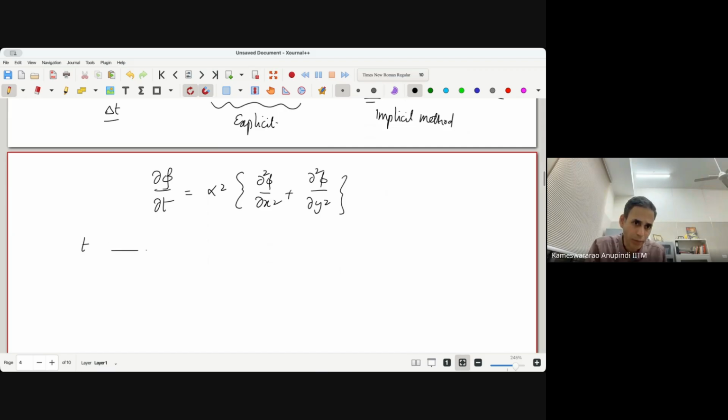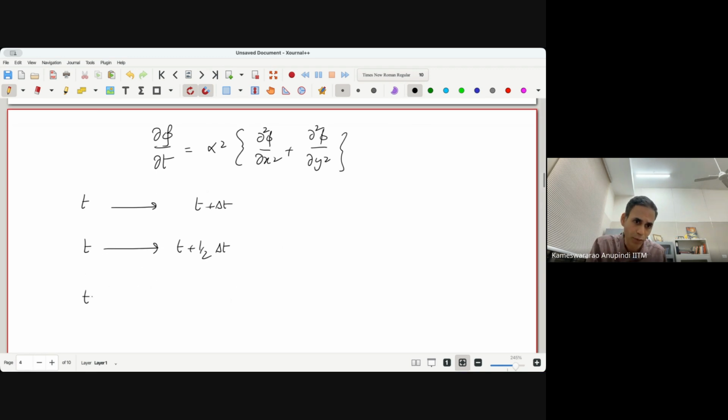We want to go from t to t plus delta t in one step, but instead of doing this, we go in 2 steps. We go from t to t plus delta t by 2, and then we go from t plus delta t by 2 to t plus delta t. Okay, so we choose 2 steps.